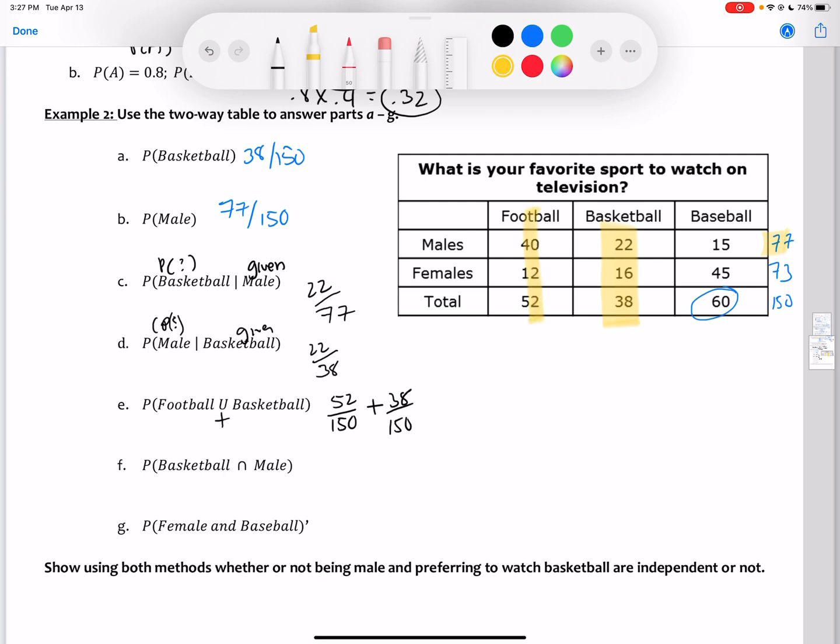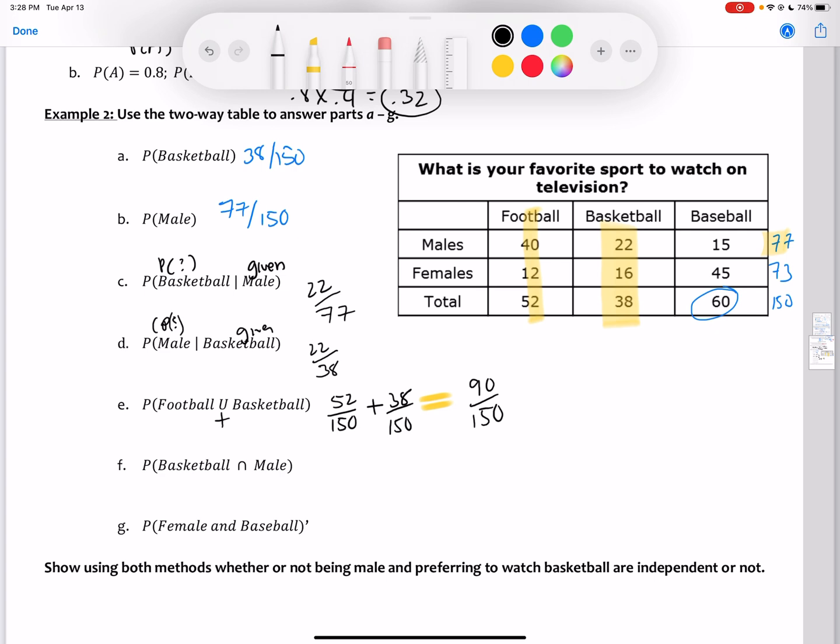But in this case, because football and basketball are separate probabilities, you don't have to actually subtract. That's going to be a mutually exclusive event. So 52 plus 38 gives me 90 out of 150. And again, I want to leave that unsimplified because I want to represent all those 150 students.